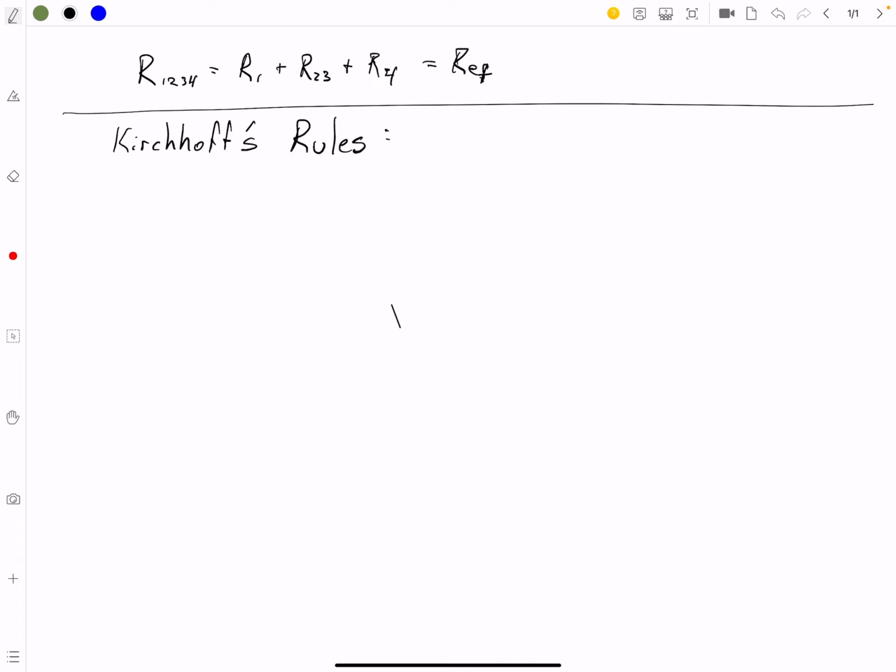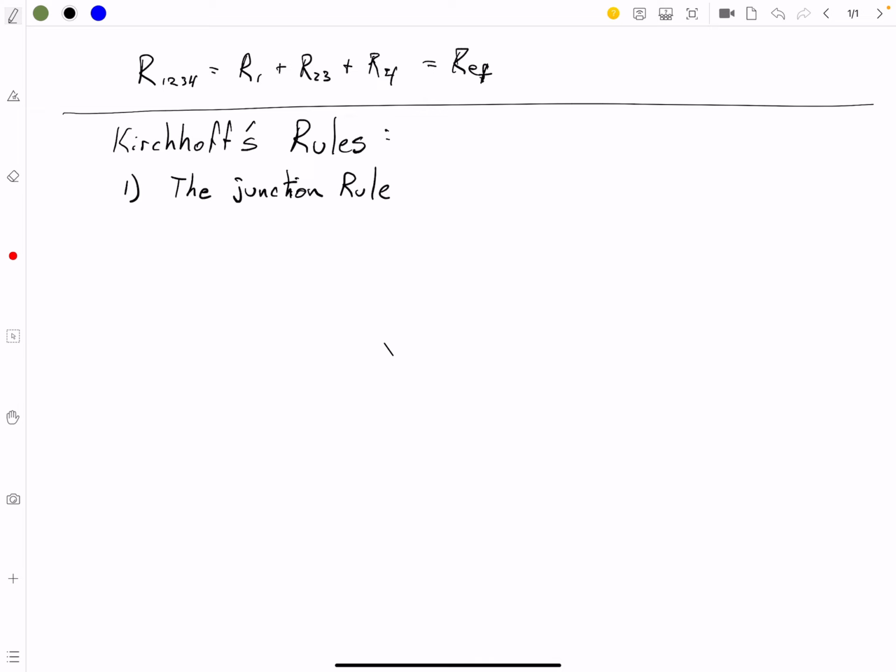Let's just list the rules first. So we've got 1, the junction rule. Okay, there's the junction rule.